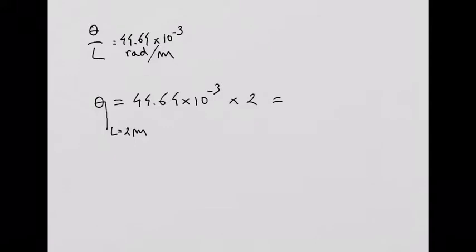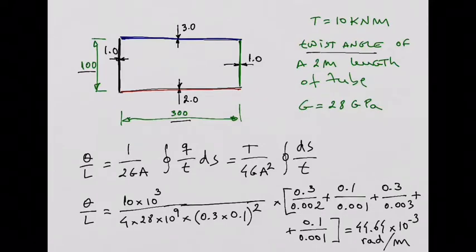Then I get the angle of 0.0892 radians. A very small angle, right? You see? That's how much this cross-section twisted. Okay? Does it make sense or not?